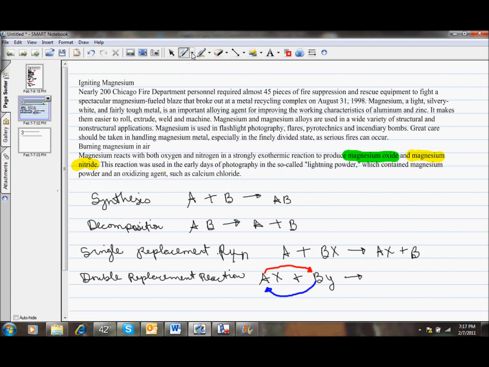In this case, element A will combine with Y, so you have AY plus BX, which would be your resulting product.